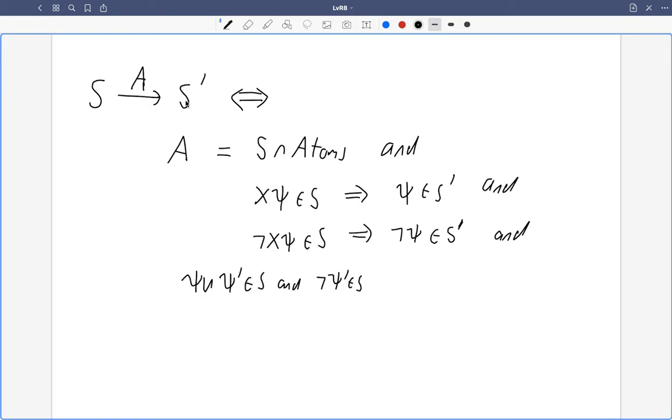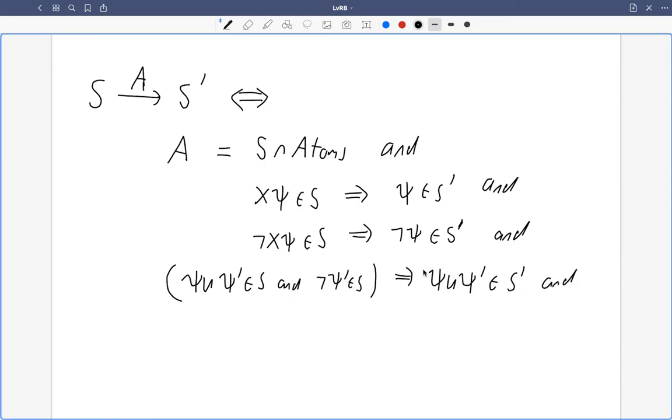So that means when we go to the next state, psi until psi prime must still be holding. So these two conditions imply that psi until psi prime must belong to S prime.